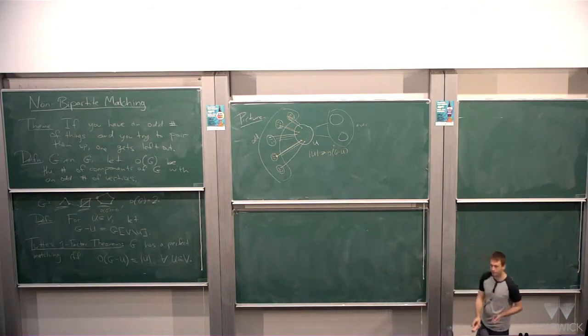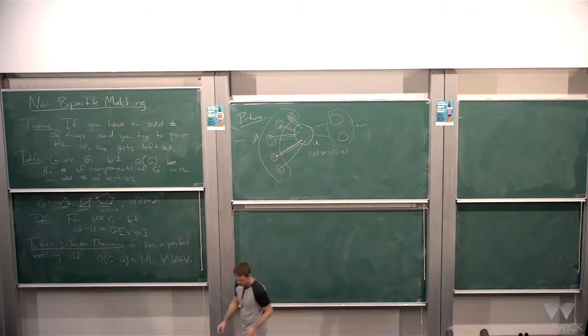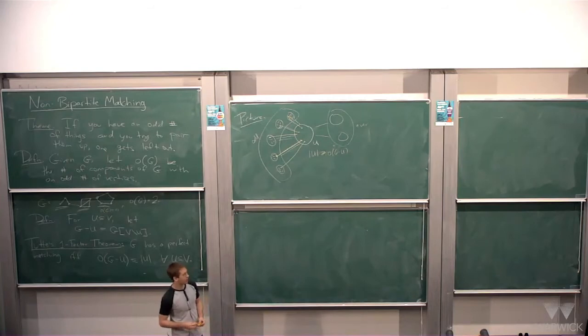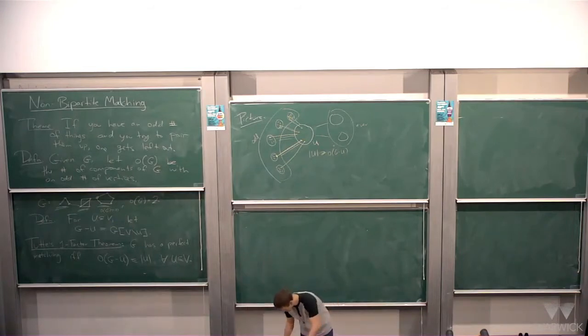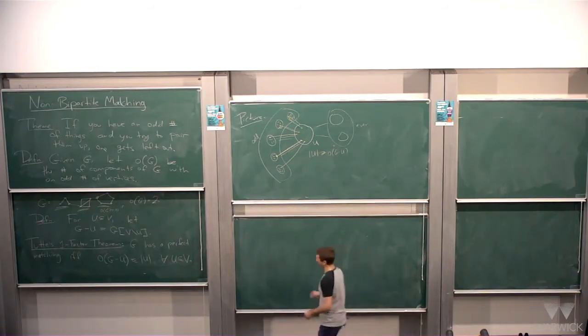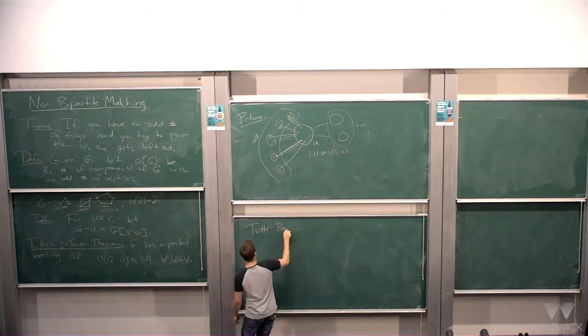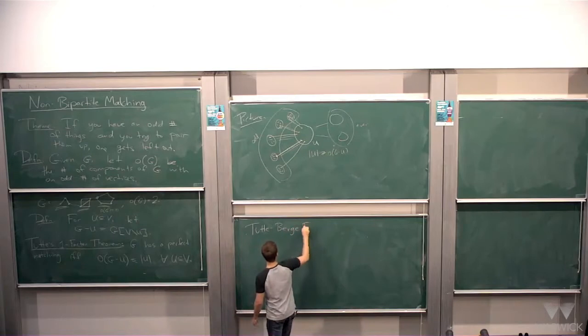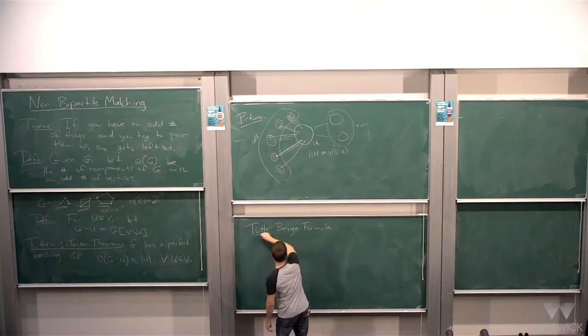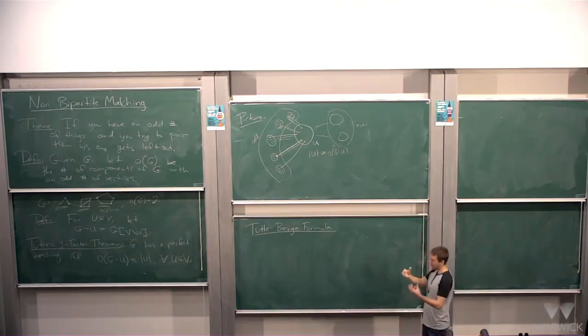Any questions about this? Okay, so similar to last time, we're going to prove this, but actually via something which is stronger: the Tutte-Berge formula, which is quite a nice min-max. This is a theme that comes up a lot in this module: the minimum of something equals the maximum of something else.